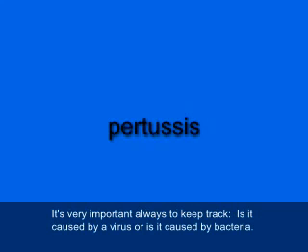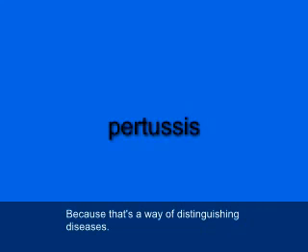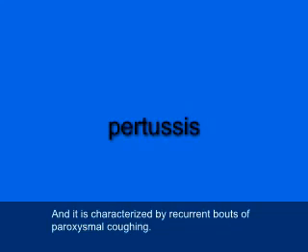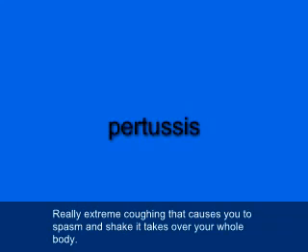Okay? It's very important always to keep track of, is it caused by a virus or is it caused by a bacteria, because that's a way of distinguishing diseases. So while the flu is viral, pertussis is very contagious, bacterial, and it is characterized by recurrent bouts of paroxysmal coughing, really extreme coughing that causes you to spasm and shake.